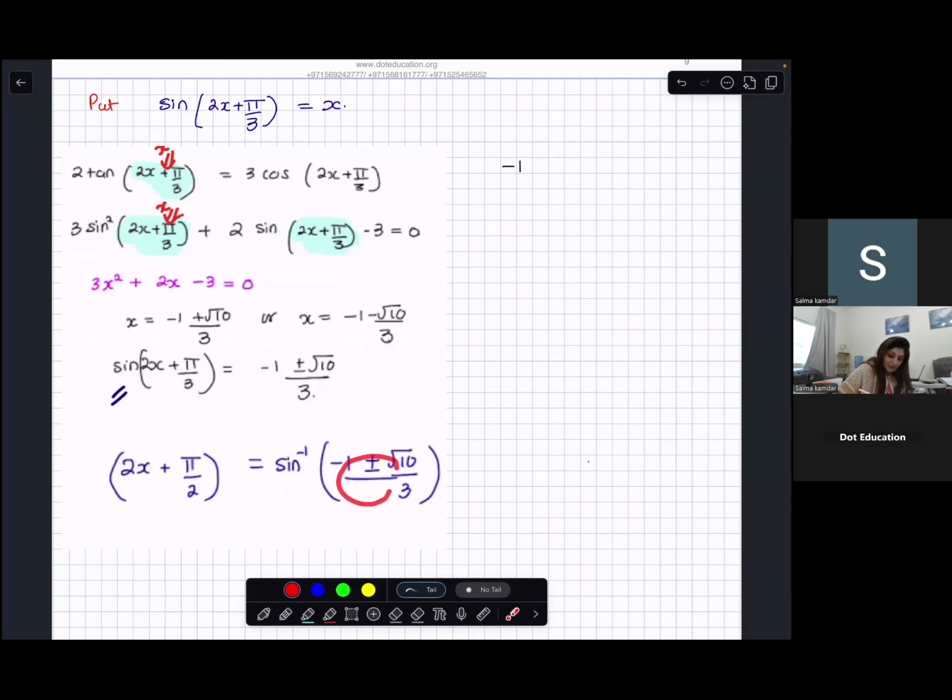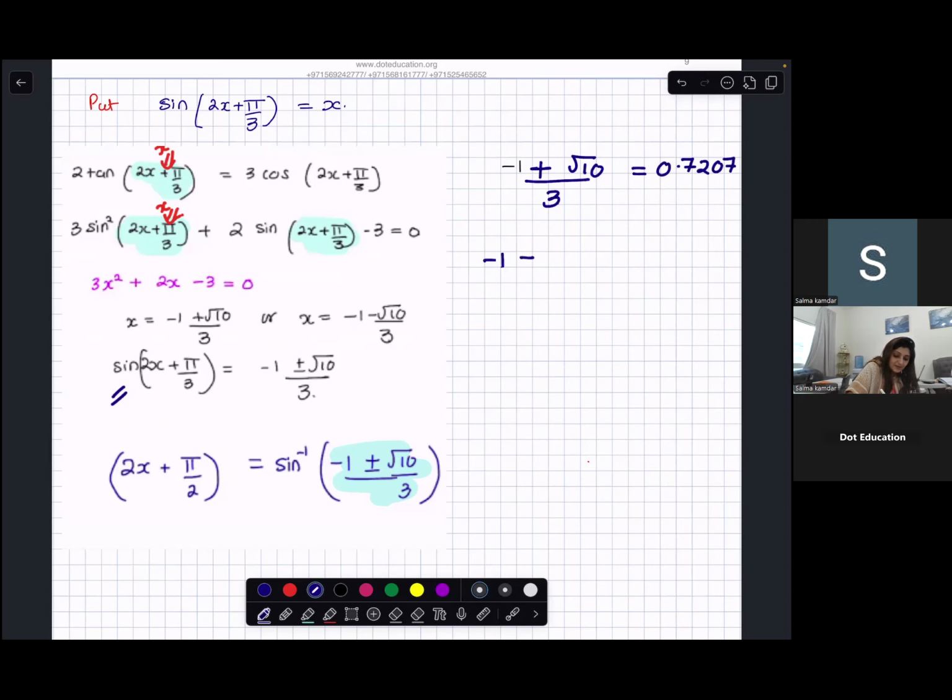Now I'm just trying to check whether this bracket falls within my range or not. So minus 1 plus root 10 by 3, what is the value of this? 0.7207.